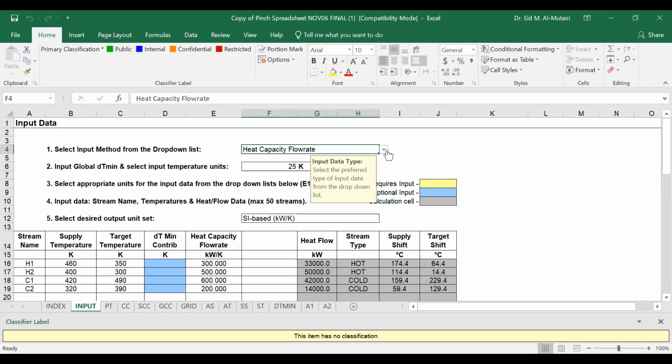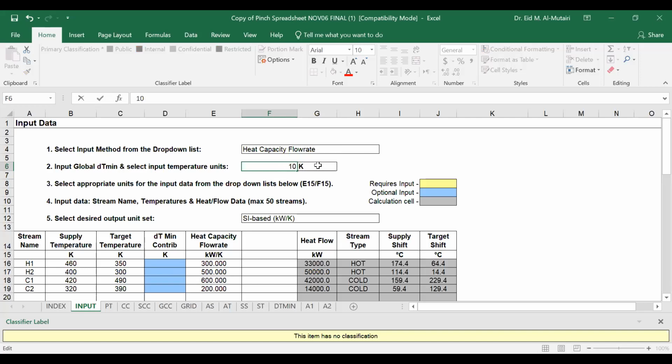You first choose the method you want to use. Will you provide heat duty, or will you provide the heat capacity flow rate? It depends on what you have. Maybe for the heat exchangers you have the duty instead of the heat capacity flow rate. Then after that, you need to provide the minimum delta T min. What is delta T min? You need to provide delta T min.